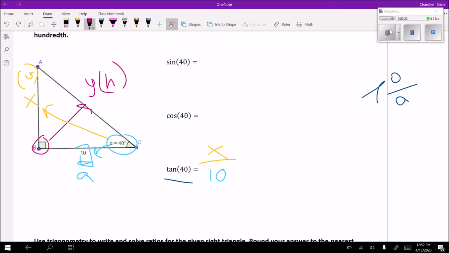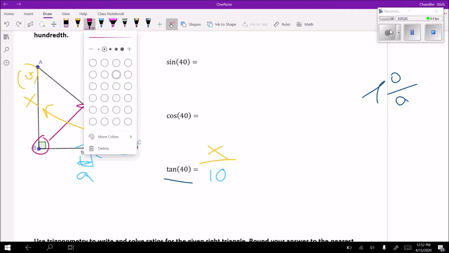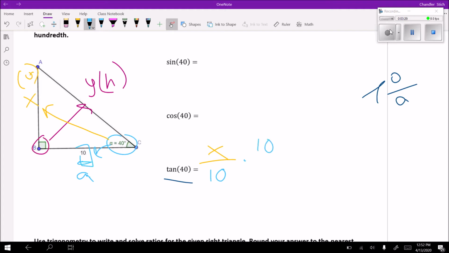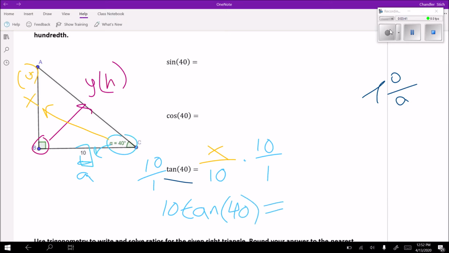Well, I take this fraction and I multiply it by 10 over 1, and then I multiply this side by 10 over 1. If I do that, I'm left with 10 tan of 40 is equal to x. 10 times the tangent of 40 is equal to x.